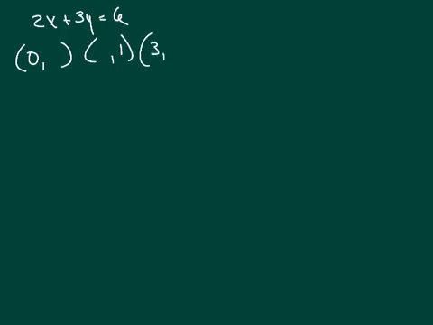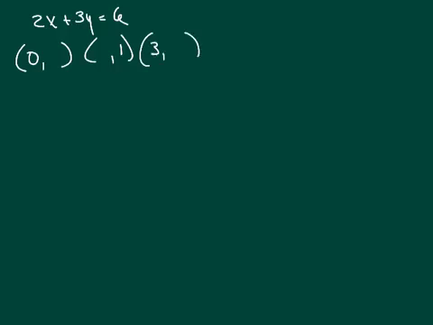So example 2 is giving you an equation, 2x plus 3y equals 6. And they're giving you some ordered pairs with one of the values in it. So I've got 3 of them.